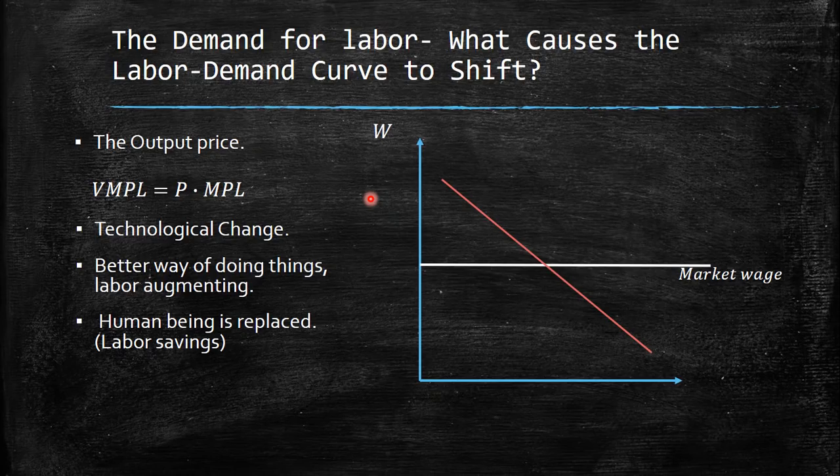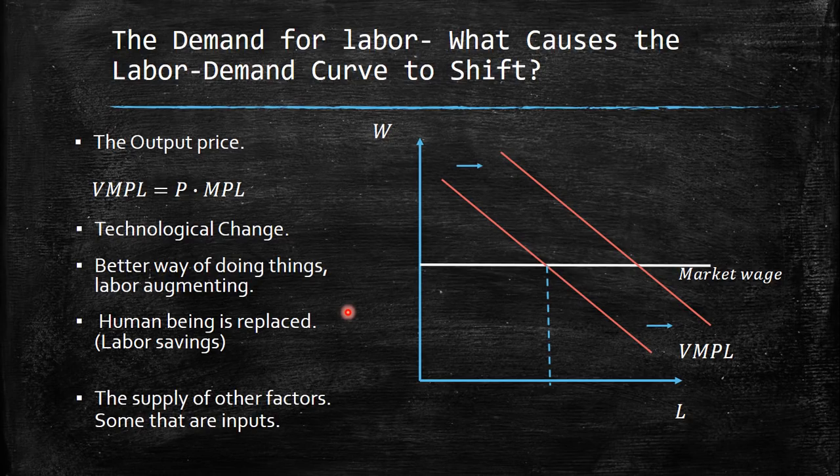Okay, so here we have the market wage and here we have the value of the marginal product of labor, and if this increases it will shift to the right, and if it decreases it will move to the left.